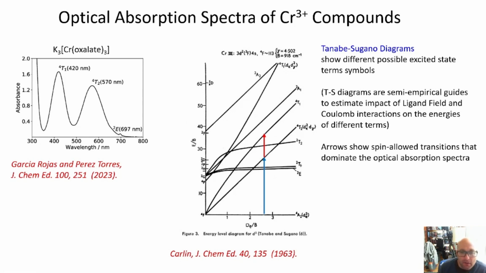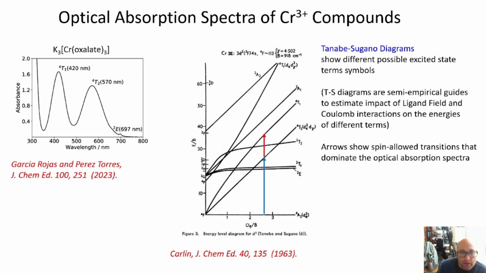So yeah, the characteristic that you pull out from the Tanabe-Sugano diagram here is that chromium 3+ compounds should have 2 broad peaks associated with quartet-quartet absorptions, and that you can figure out ligand field splittings and maybe something about the B parameters by using these diagrams.